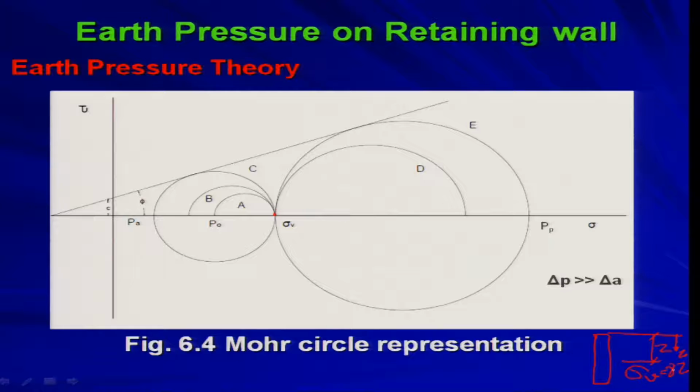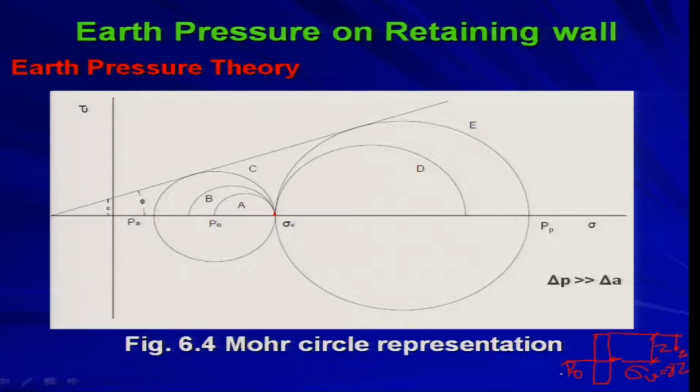So, sigma v, at a location which is z distance below the ground surface, if I want to find out the earth pressure at rest condition, say at that location I am getting P naught.